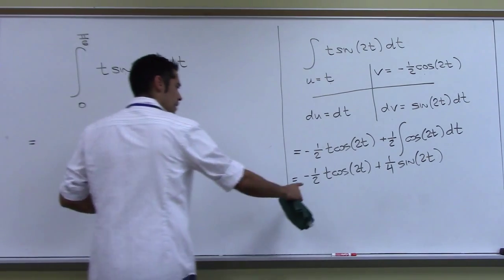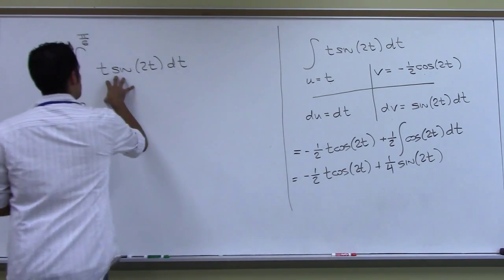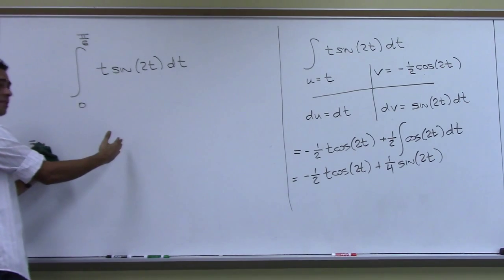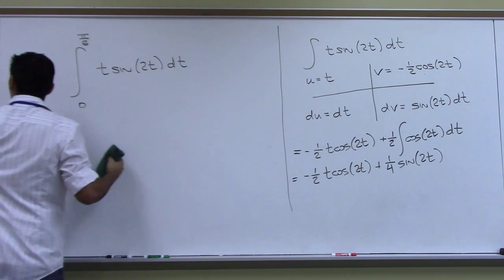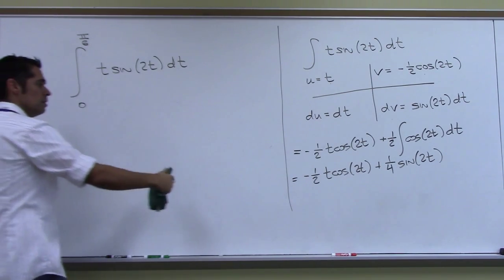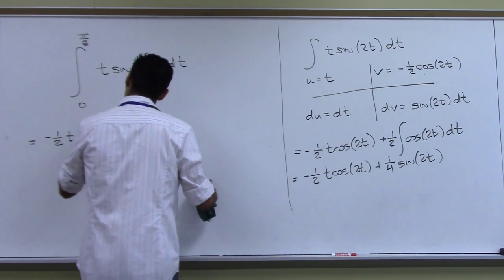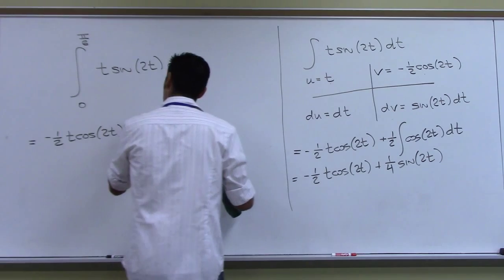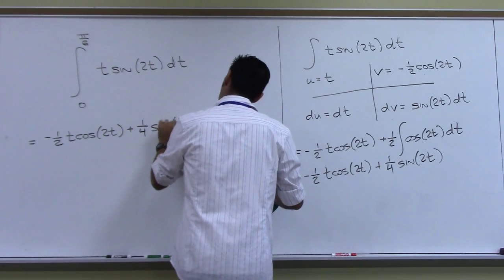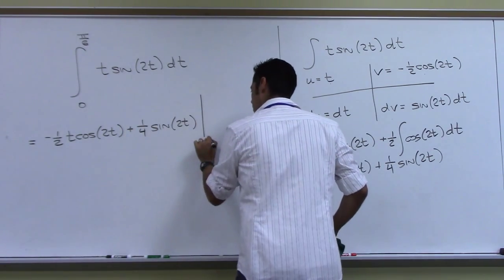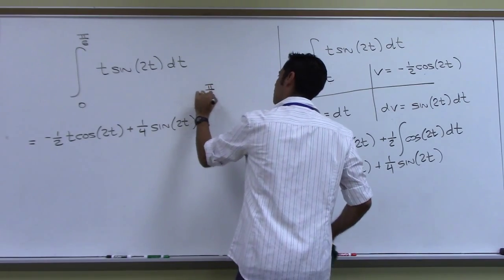All right, so what does this mean? It means we're going to write down the antiderivative, right? And then put that little bar there with the two numbers. So I've got negative 1/2 t cosine 2t plus 1/4 sine 2t, from 0 to pi over 6.